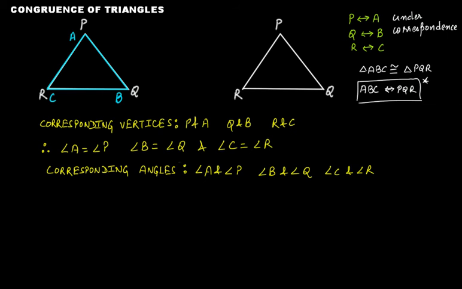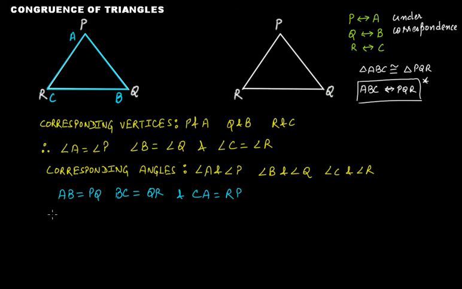Now, you can see here, this side PQ of this triangle falls along side AB of triangle ABC. Similarly, QR falls along BC, RP falls along CA. Therefore, AB is equal to PQ, BC is equal to QR, and CA is equal to RP.